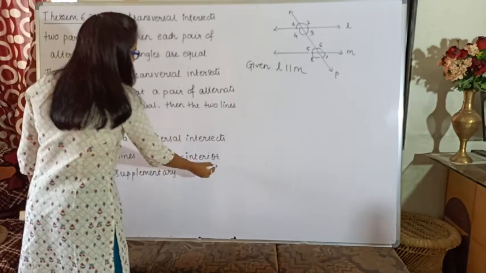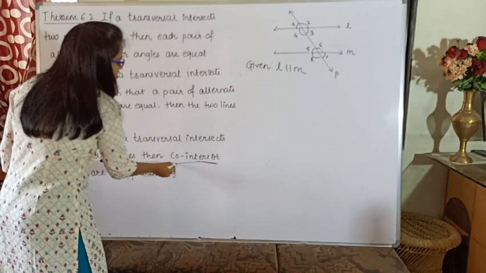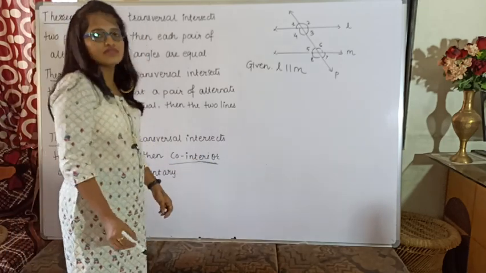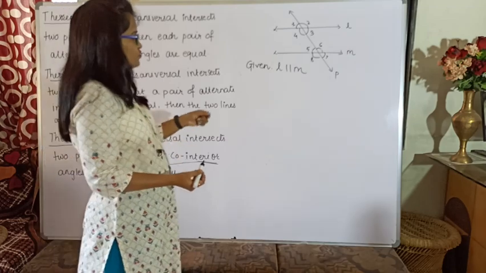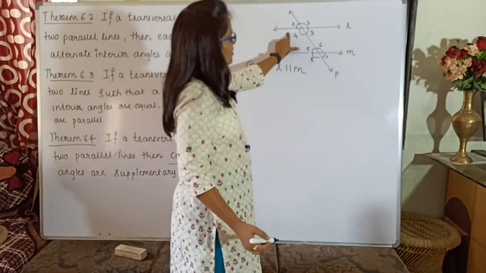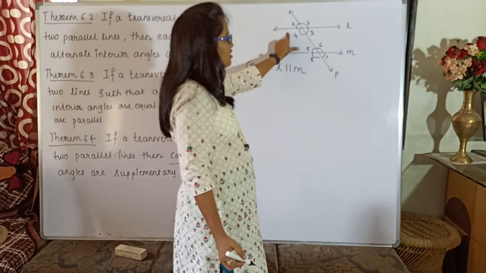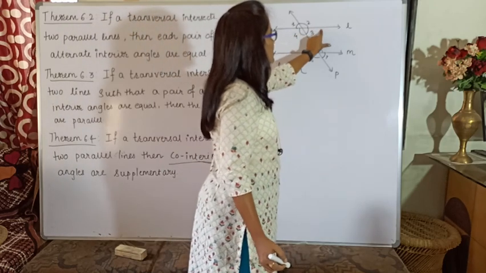Now, what are the co-interior angles? The interior angles present on the same side of the transversal. It means 4 and 5 is one pair of interior angles present on the same side of the transversal. Also, 3 and 6 are another pair.